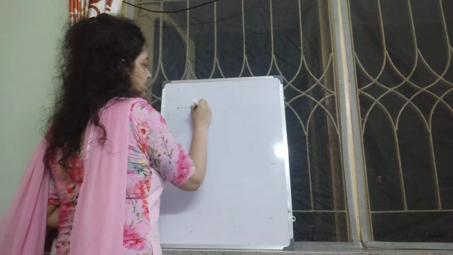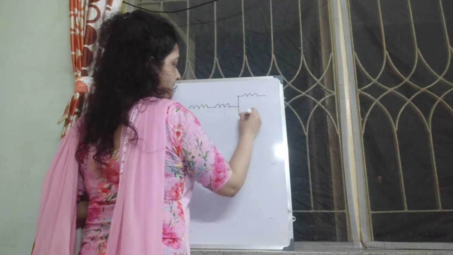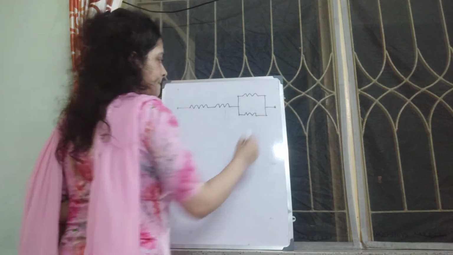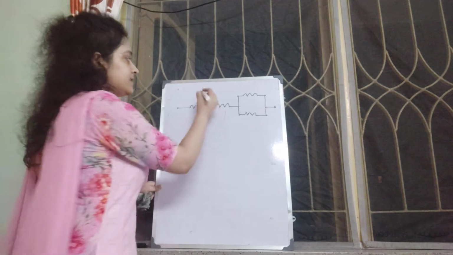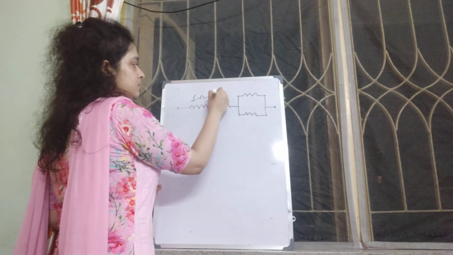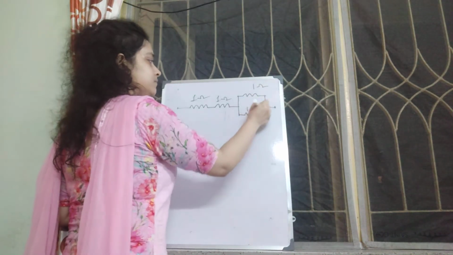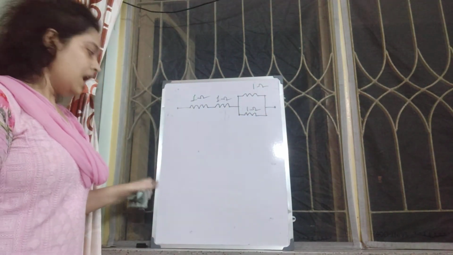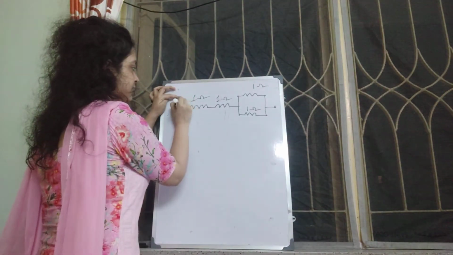Say you have a circuit, what is the equivalent resistance if I ask you? Say for simplicity take all as 1 ohm. How will you understand? You will always follow the path of the current. Current is flowing through this.